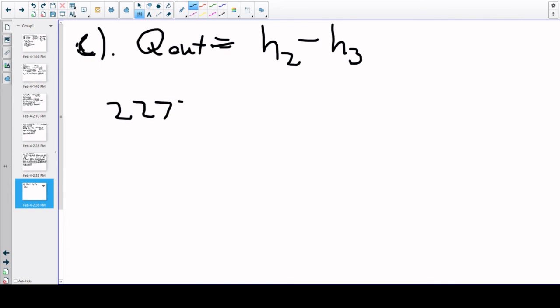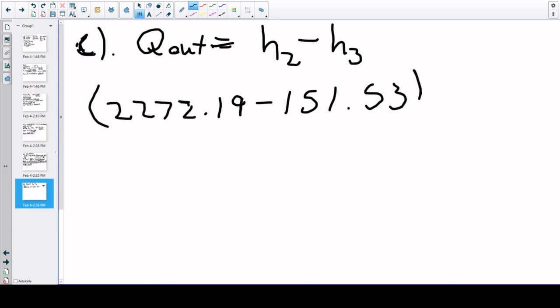So we remove the following: H2 minus H3, which is equal to the heat removed from the steam to get it to all liquid. And so our Q out for this question is equal to 2120.66 kilojoules per kilogram.